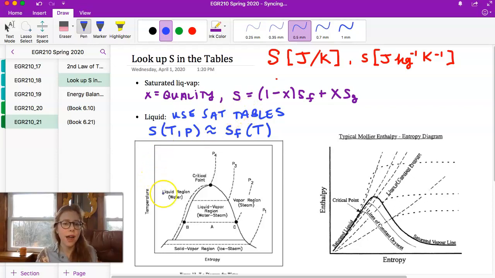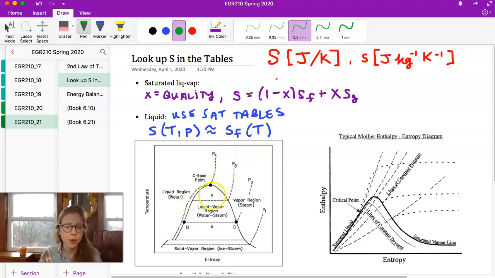Now I'm going to introduce two new types of diagrams to you. Here we have the temperature-entropy diagram, and this is an example for water. We have the critical point at the top of the vapor dome, right? For reference, that's about 0.01 degrees Celsius or 32.02 degrees Fahrenheit. And for refrigerants, it'd be minus 40 degrees Celsius, which is the same as minus 40 degrees Fahrenheit.